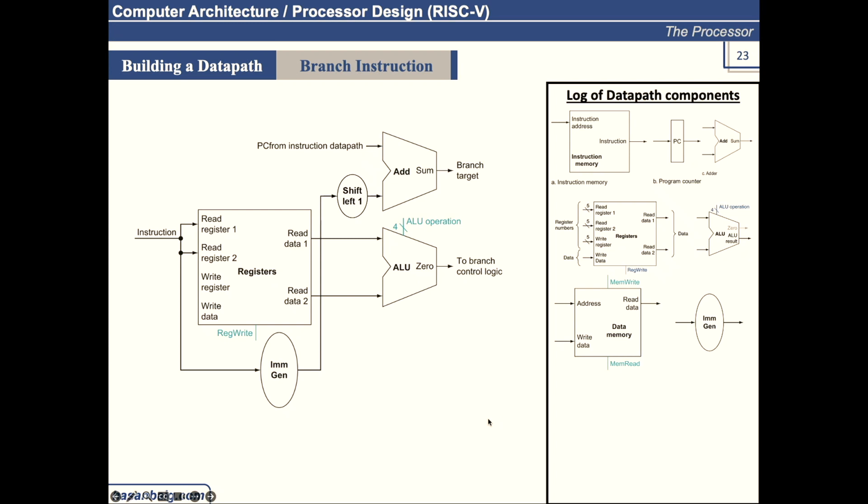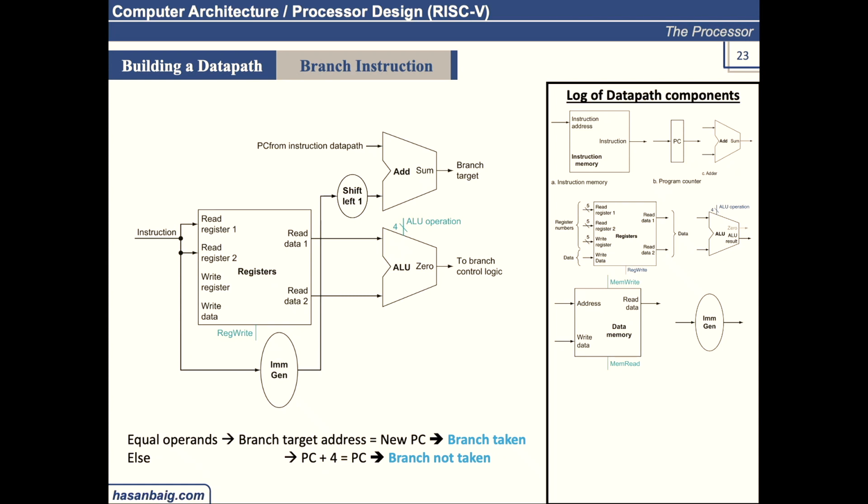When the operands are equal, the branch target address becomes the new PC, new program counter, and it is set to be branch taken. If the zero signal is 0, it means that the branch condition is not satisfied. It will still execute the next instruction in order, which is PC plus 4.